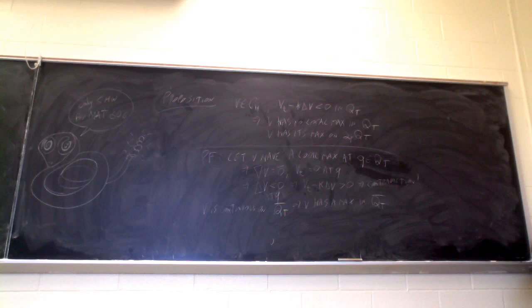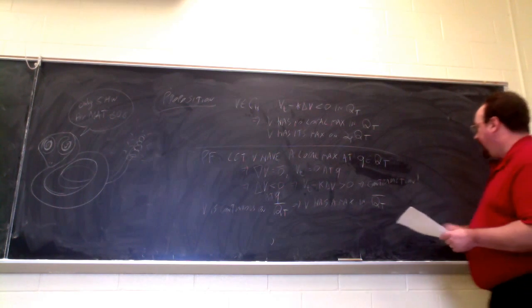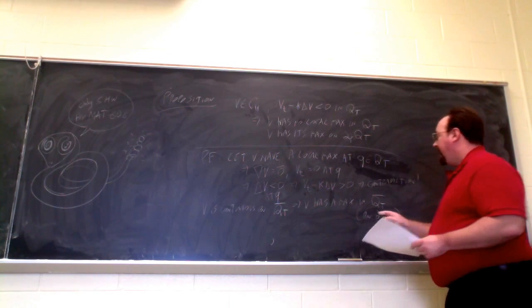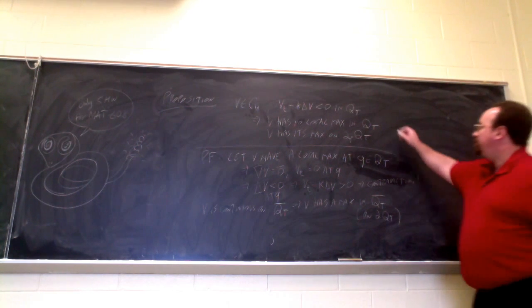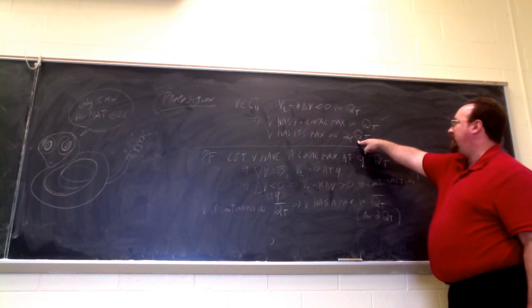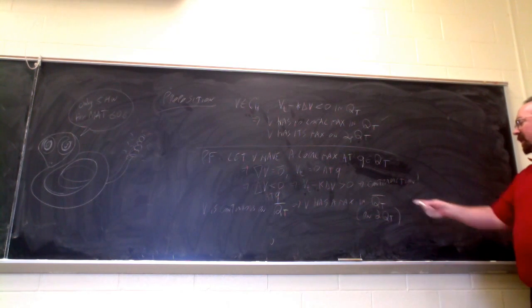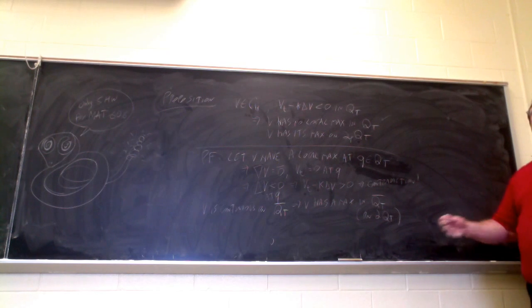Well, we just ruled out the interior, so it has to be on the boundary. But what I'm trying to prove is that I want the max to be on the parabolic boundary, and all I know right now is that it's on the boundary. So what's left? What do I still have to rule out?